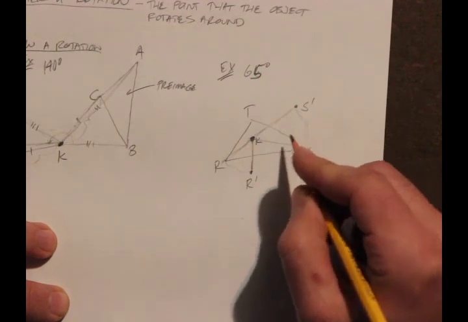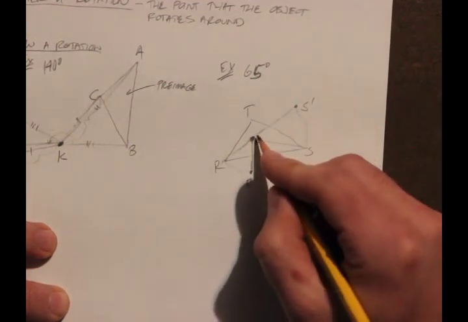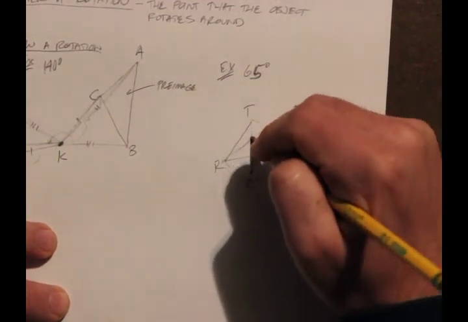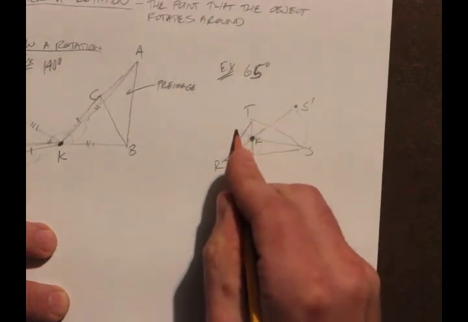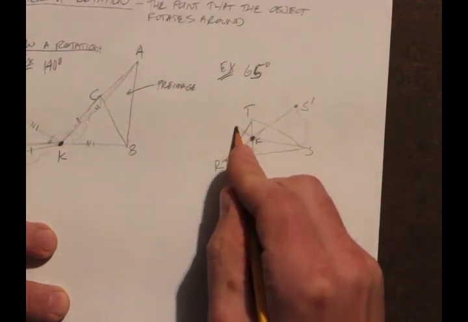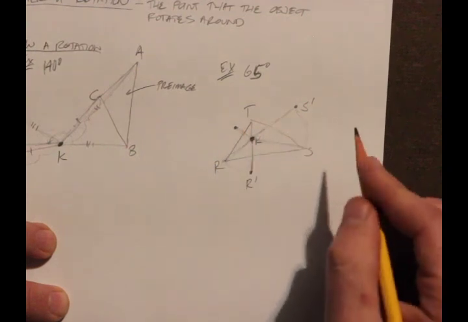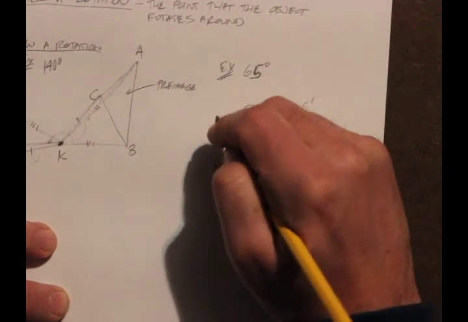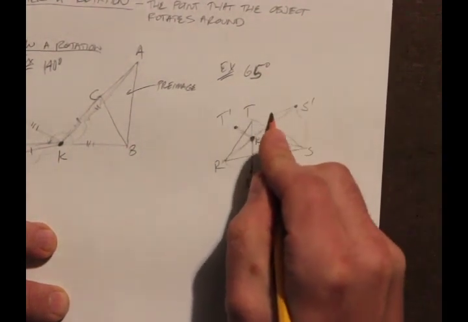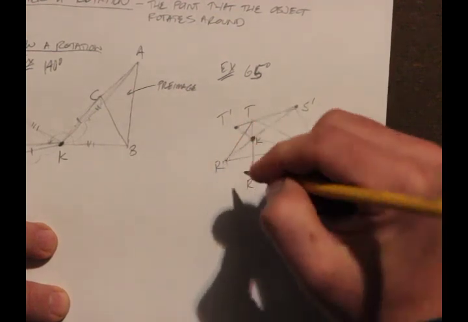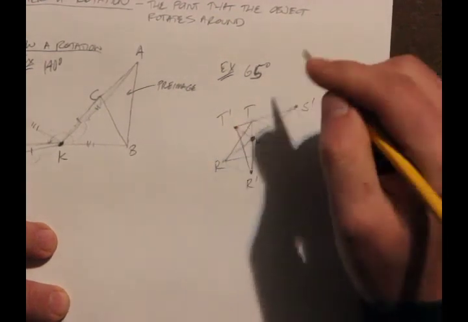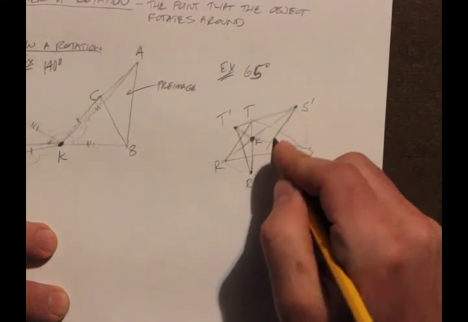And then, oh, that's more like 30. Oh, well, anyway, we'll just keep going. And then T. And then another 60 degrees to my other T. There we go. And so now this will be T prime. And so here I'm going to connect T prime to R prime and to S prime.